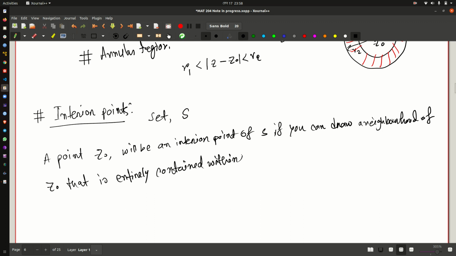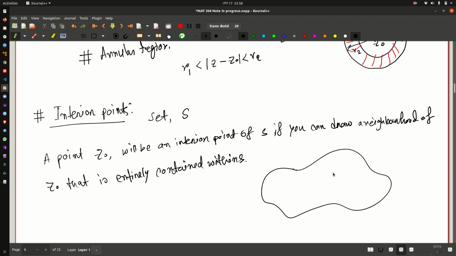If you want to see it graphically, let's say this is our set, some set S, and what are the interior points? Well, let's take a point over here, let's call it Z1. If I can draw a very small neighborhood, and inside this neighborhood all the points are contained within S, so this type of point will be called an interior point, like this one.